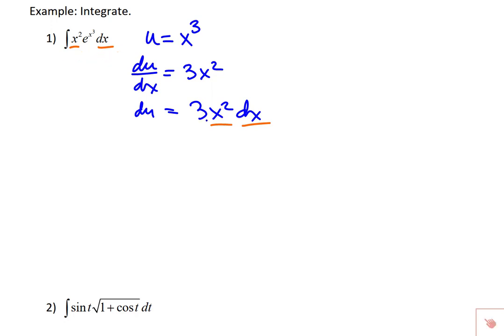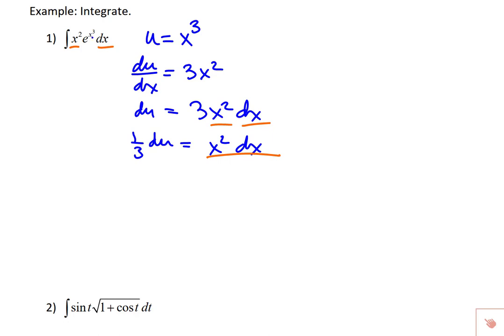So we're going to just divide both sides of this du equation by 3 to end up with 1/3 du equals x squared dx. So now the x squared dx will be replacing those two factors as we've already underlined in our original integrand. But then we have this extra 1/3 in front of the du. Well, that's an easy fix, as we'll see next.